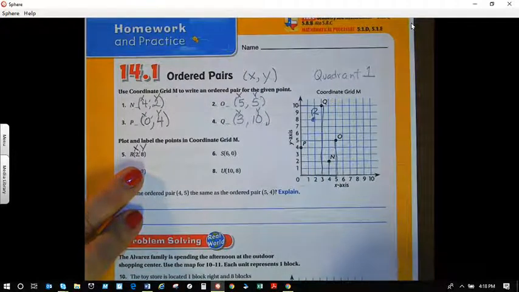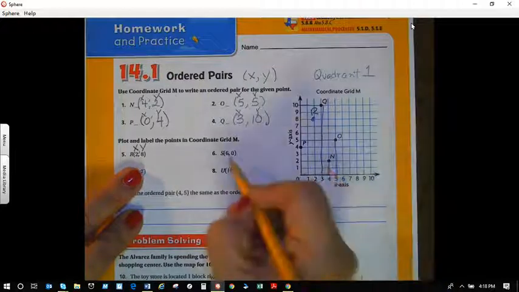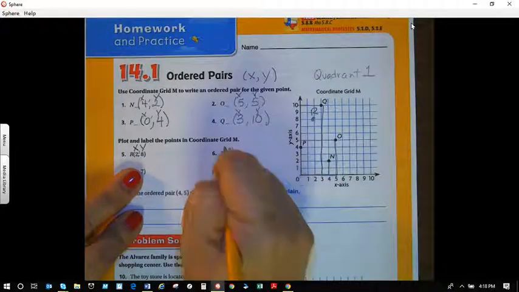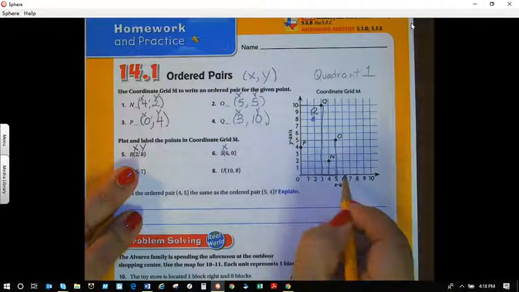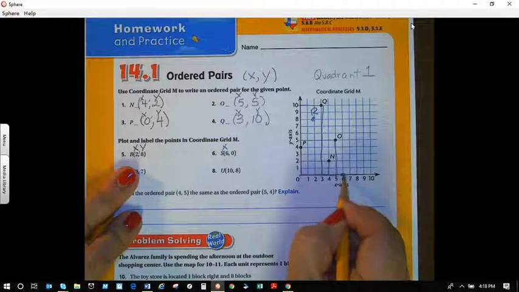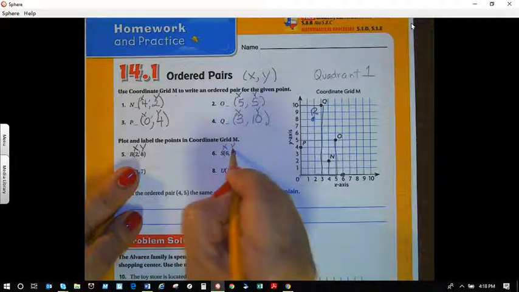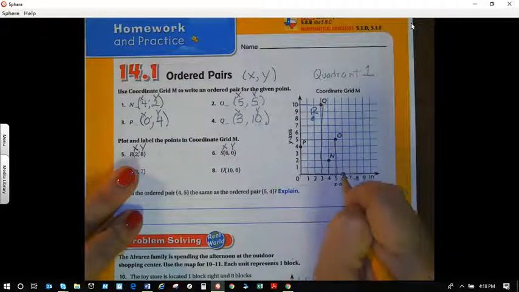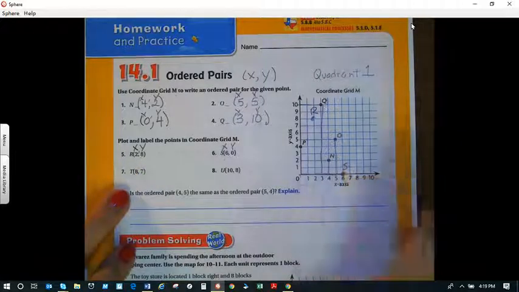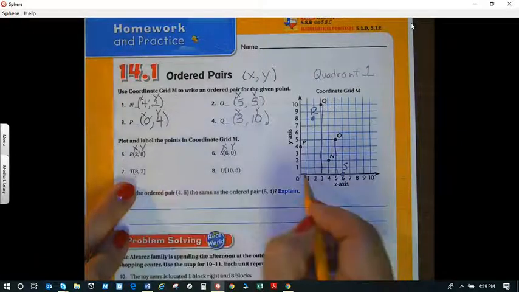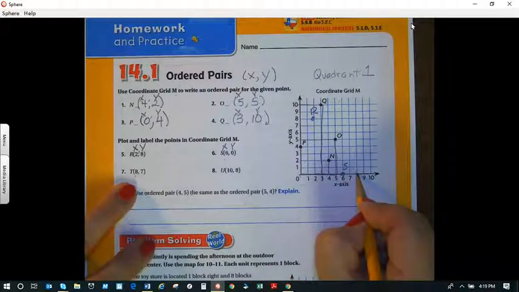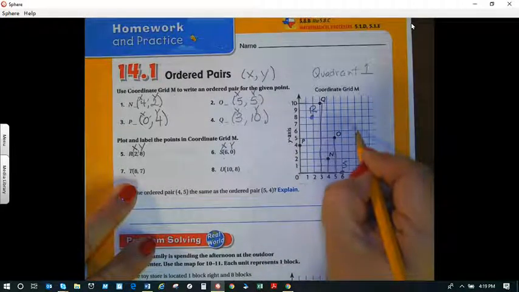Next one is going to be 6, 0. So on my 6, this is my X, I'm going to go 6 over. Well, I'm doing 0 moves on my Y, and it's just going to stay put. So this would be point S. Number 7, I have to move to the right 8 units, and I'm going to climb 7 units.